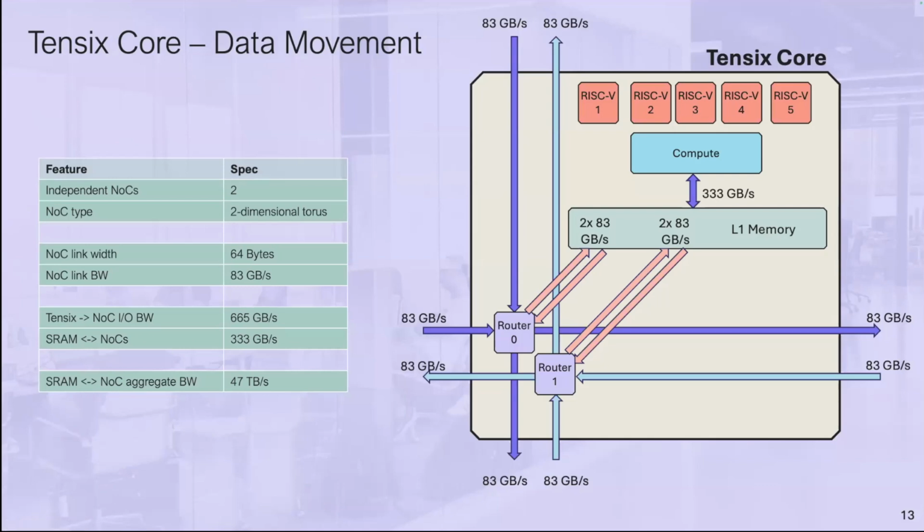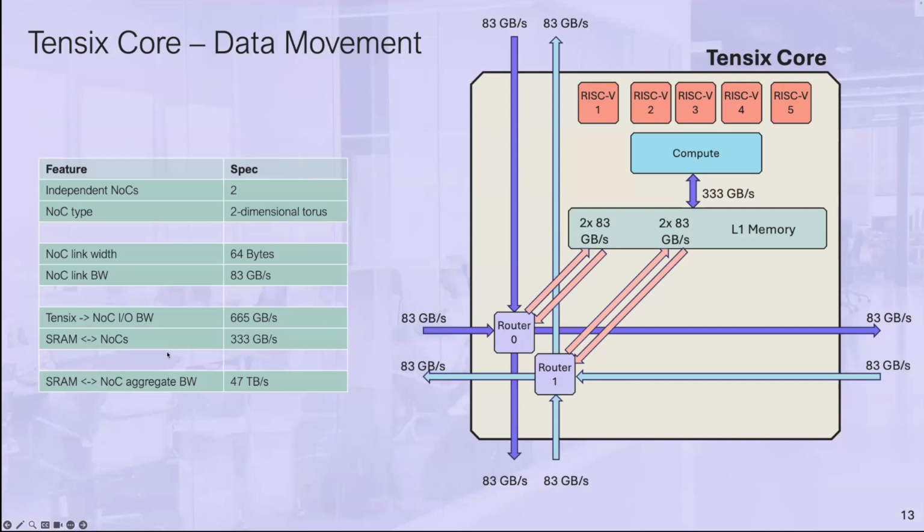This is just a high level figure. Don't worry too much about the numbers, I'm just throwing a bunch of numbers at you. The thing to take away is that we have our 2D torus, both vertical and horizontal, going bidirectional at 83 gigabytes per second.